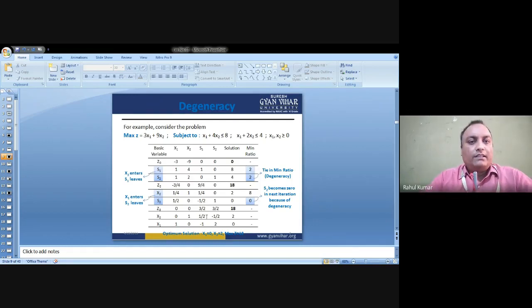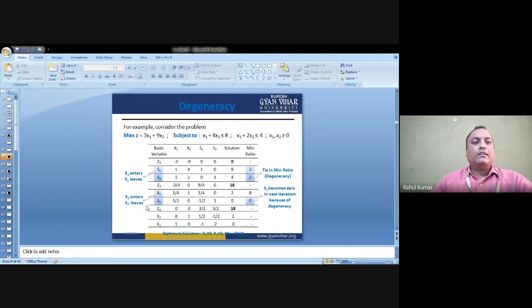And then Z2 is -3 by 4, 0, 9 by 4, and 0 and 18 is here, right? This is for the Z2 case. Then x1 enters and x2 leaves, right?